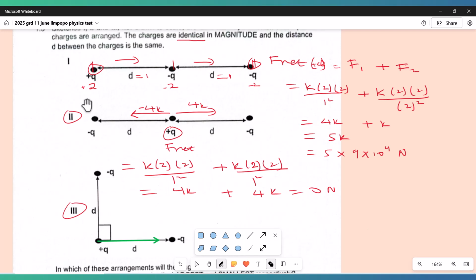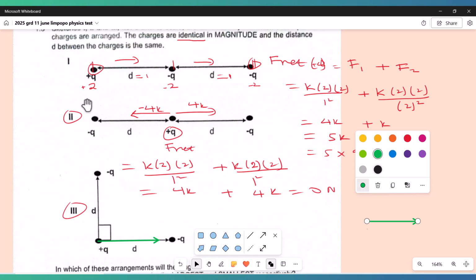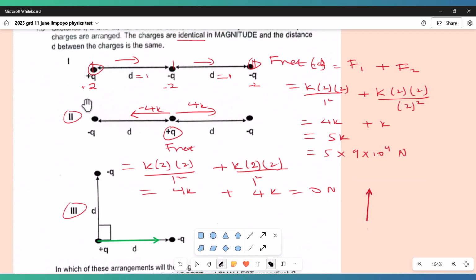Then the negative charge up here is attracting it upwards, so it's going to be this arrow in red, showing that the positive charge is being pulled upwards. Are we together? Because this is 90 degrees, to get my resultant I use the head to tail method.